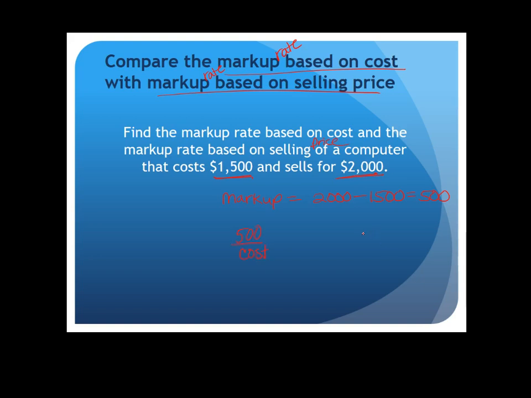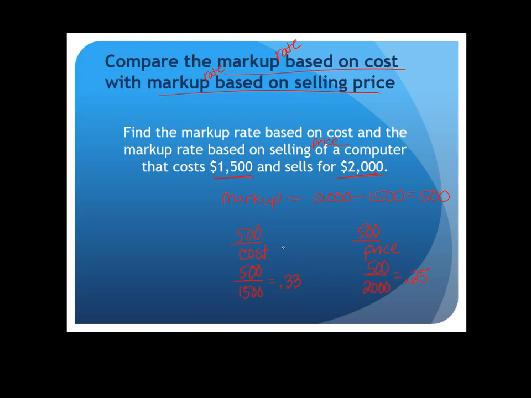For the markup rate based on selling price, I'm going to take 500 and divide it by the selling price. So this one's going to be 500 divided by the cost, which was $1,500. So that's 0.33. This one is going to be 500 divided by 2,000, which is 0.25.